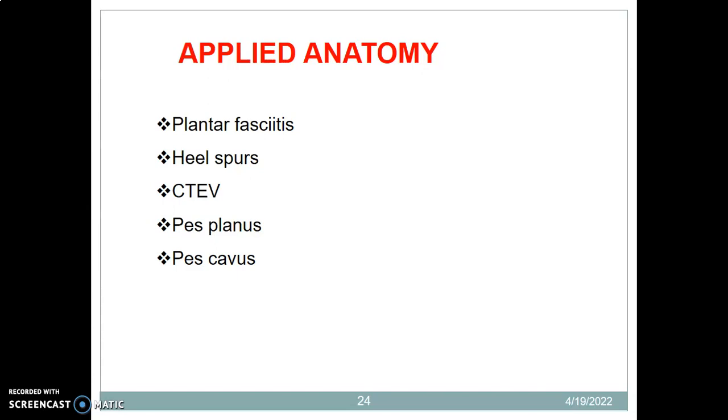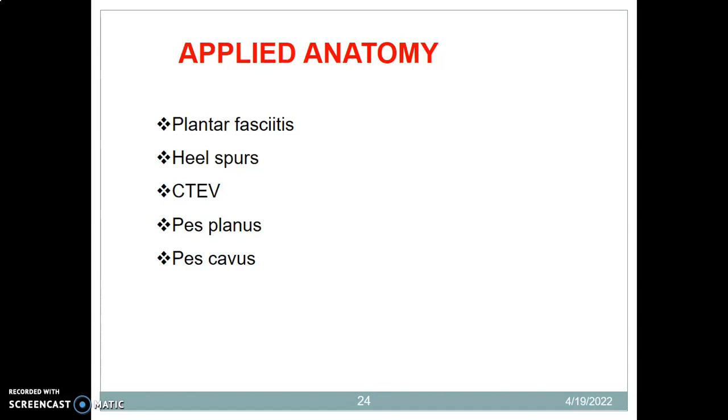Flat foot can also be caused by injuries or illnesses, and dysfunction of the ligaments that are supposed to maintain the arcs of the foot. So basically, that's just it. You need to know the factors that maintain the arc of the foot for you to understand what causes flat foot. And then the last one is pes cavus.